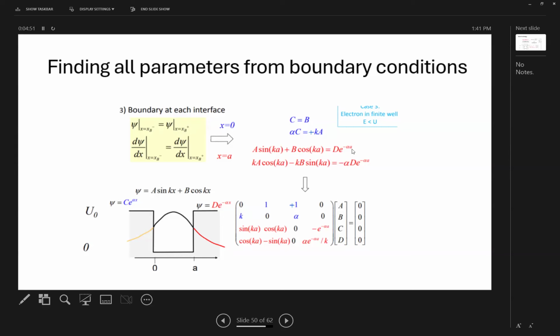If you forget what the boundary condition is, let me give a layman example. Let's say you want to go home from the campus, and you take this route, you go to the main road, and then you take another route to reach your home. Let us say from your campus to the intersection, the path length is 1 kilometer, and from that main intersection to your home, it takes another 1 kilometer.